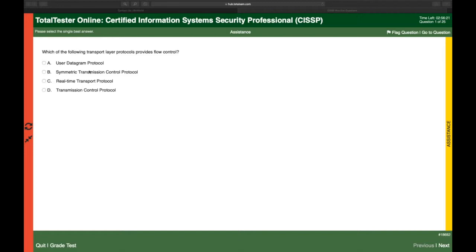Question number 1. Which of the following transport layer protocols provides flow control? We've seen this before. So we've got UDP, TCP, and I think the other two are outliers.